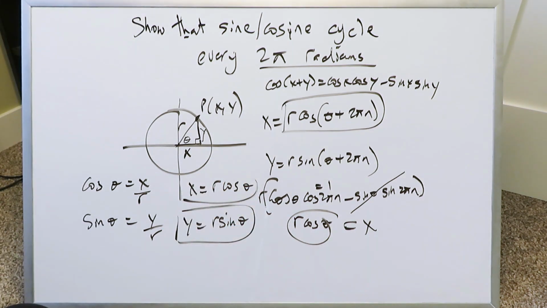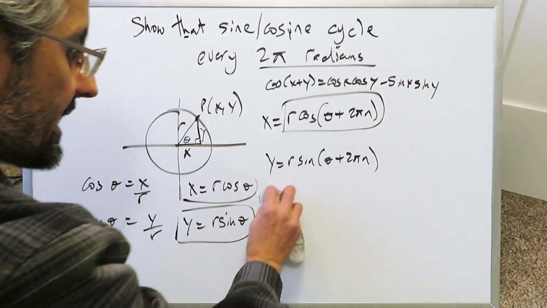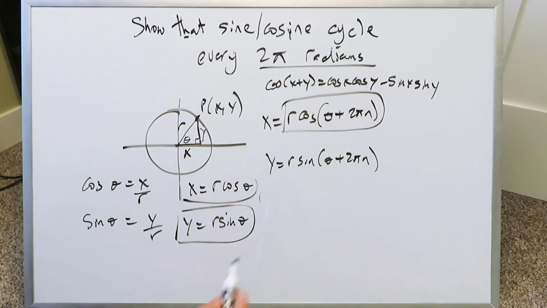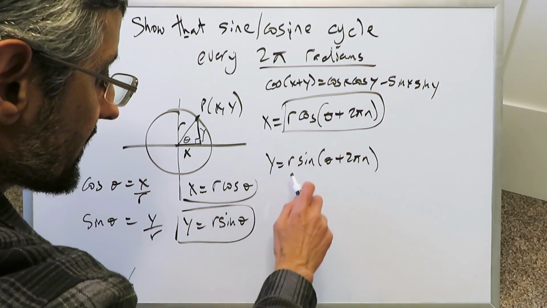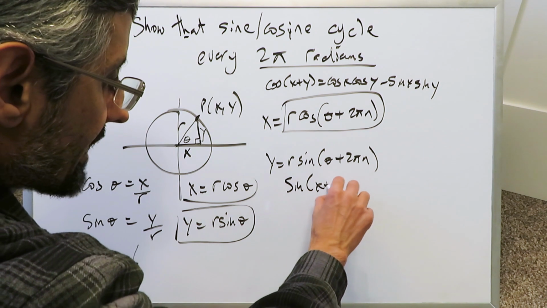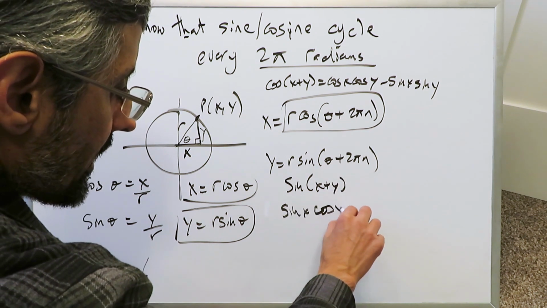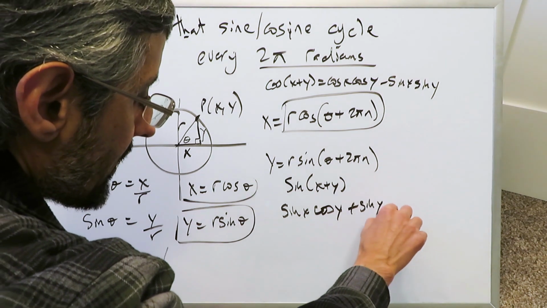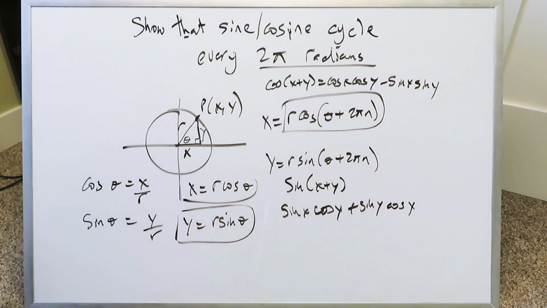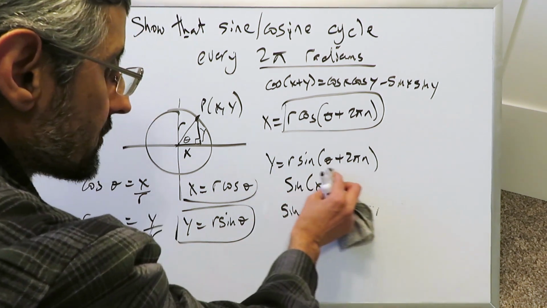Now let's examine the second expression, the sine expression. When you're examining this, think about the sine sum formula, which is sine of x plus y is equal to sine x cosine y plus sine y cosine x. You know that identity, and you've got to employ it right here. So let me do that.